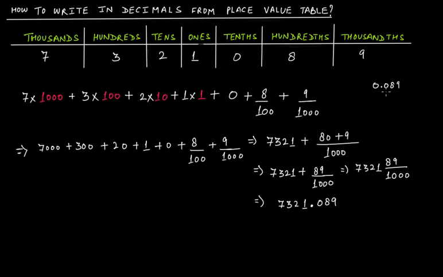Whatever is after the decimal point, simply write it here. So this will be your answer, right? Just cross check. At the tens we have 0, we have 0. At the hundreds we have 8, we have 8. At the thousands we have 9, we have 9. Then 1, 2, 3, and then 7.